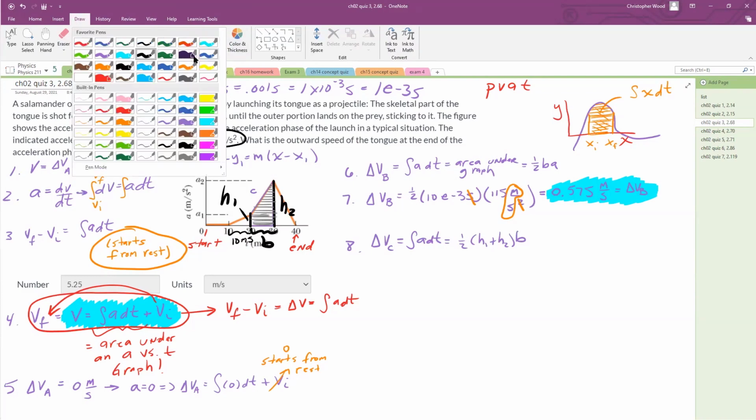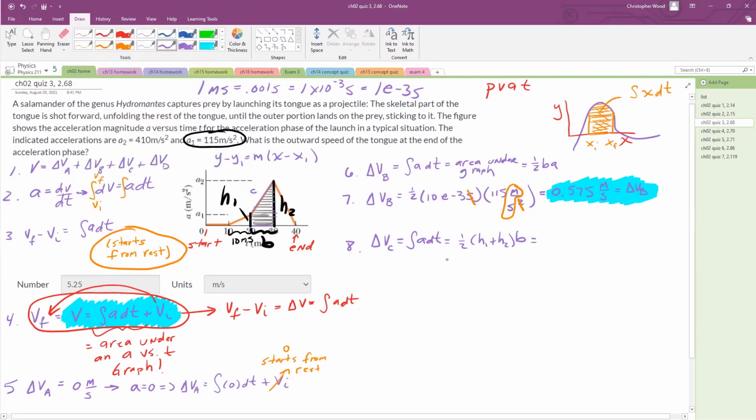So now that we know those measurements for this trapezoid, it's going to be 1/2 times height 1, which is A1. A1 corresponds to height 1. And for me, that's 115 meters per second squared plus A2, because A2 is referring to height 2.